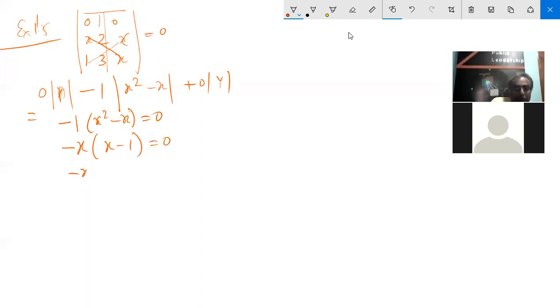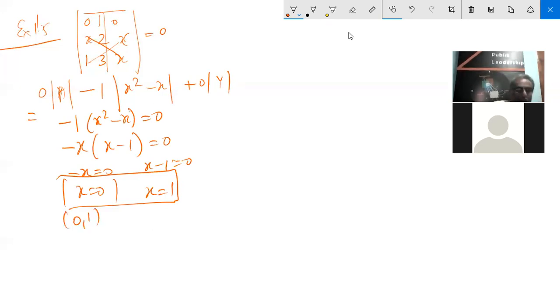So x equal to 0 and x minus 1 equal to 0. 2 solutions you get: x equal to 0 or x equal to 1. That is the answer. So the set is 0, 1. Option B. Yeah, answer B is correct. Now let us do the next one. This is 1, we finish.